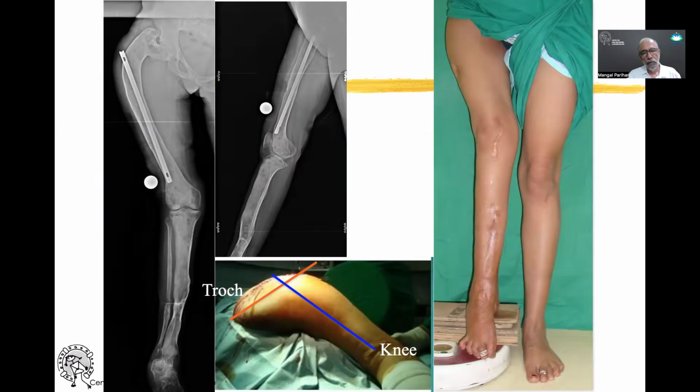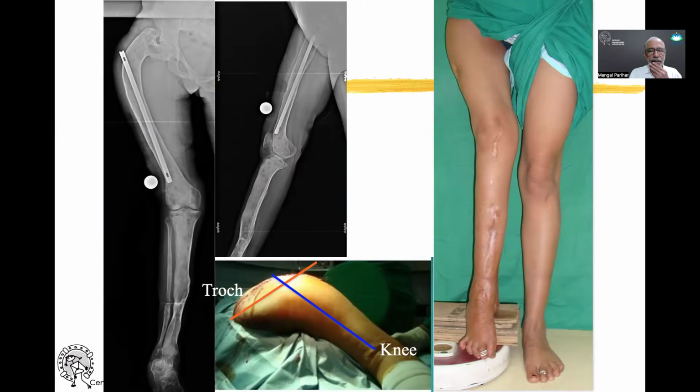Now, the tendency whenever there is a complex deformity is to think that, oh, only the Ilizarov will correct it. So here's a patient with fibrous dysplasia who had a pretty severe deformity in the femur, right?